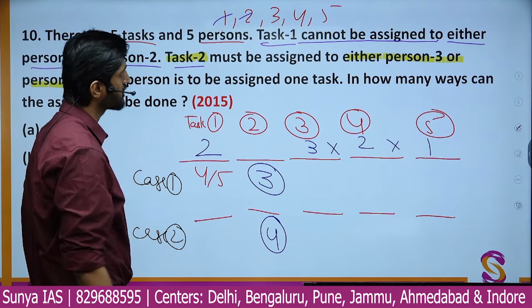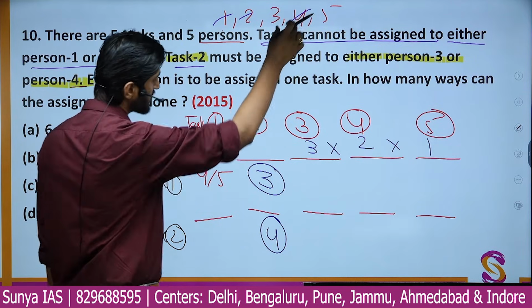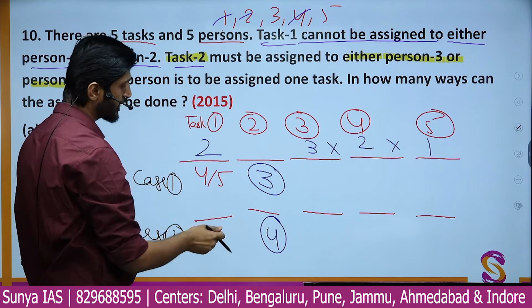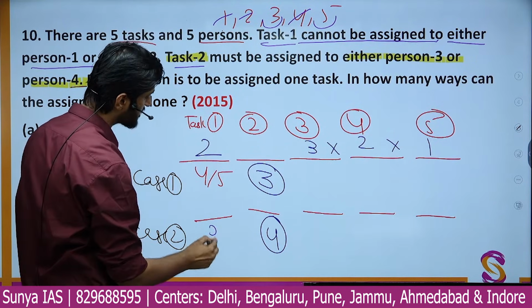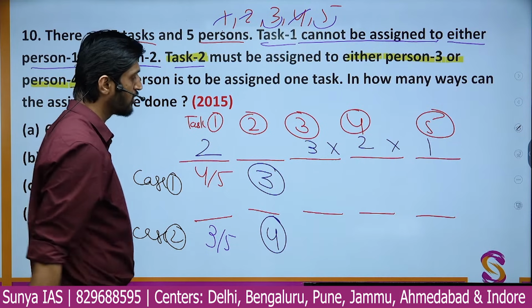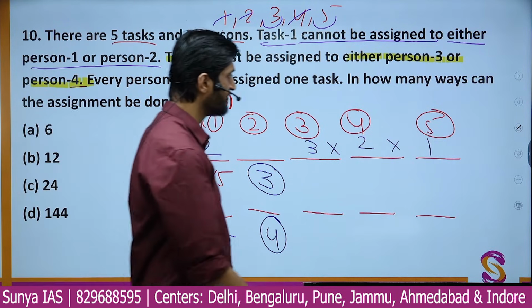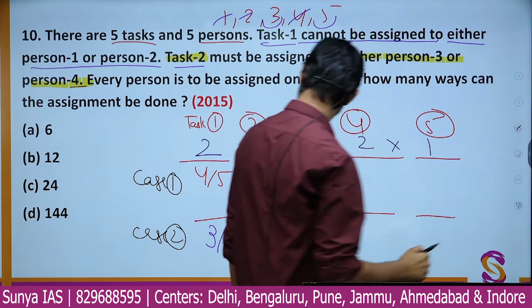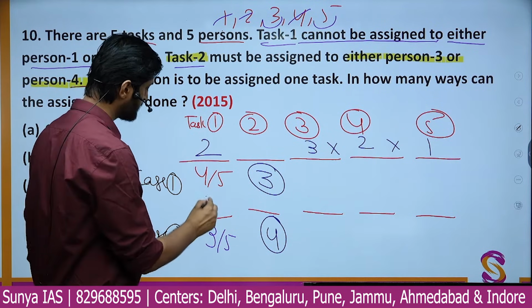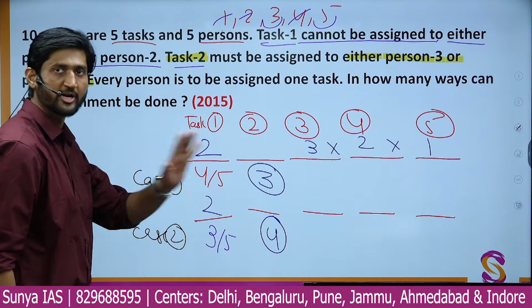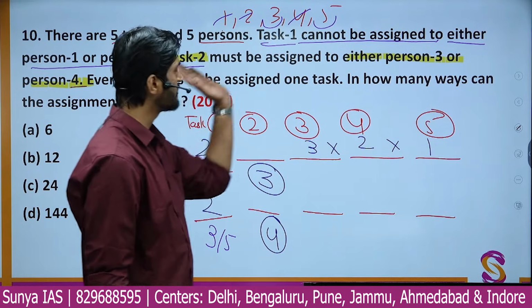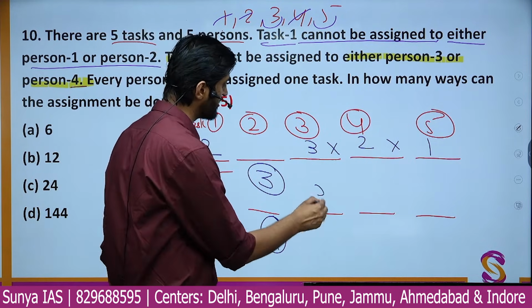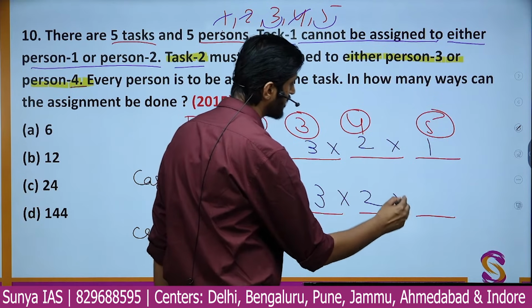So how many choices are available? Since 4 is assigned the second task, 1 and 2 are not eligible for this. We have the choice of only 3 and 5. So this place can be filled by only 3 and 5. Overall for this place, we have 2 choices, right, out of 3 or 5. This place we have already locked by 4. Now we have 3 more places and we have 3 people to choose from. So this position can be filled by 3, then 2 and then 1.